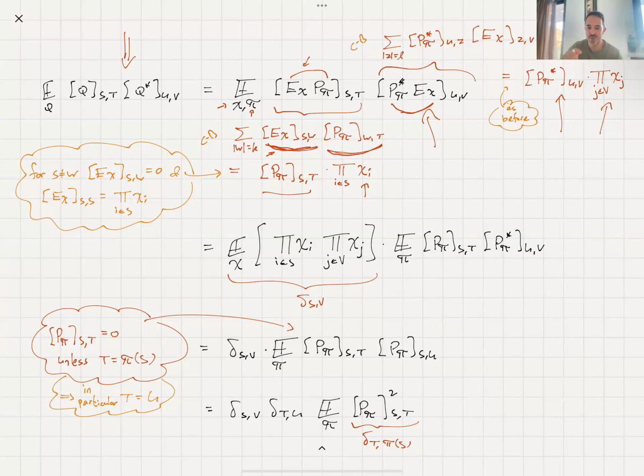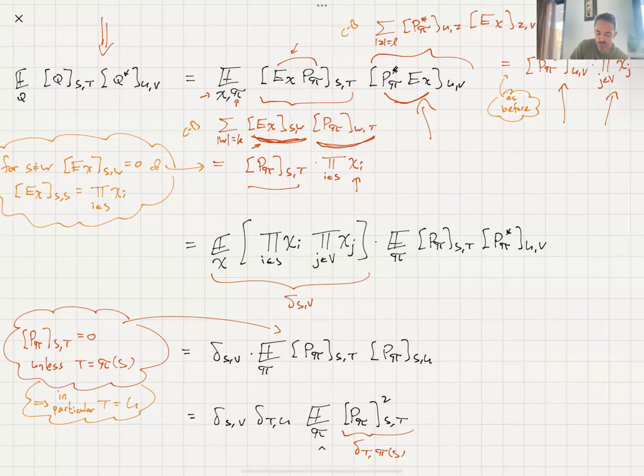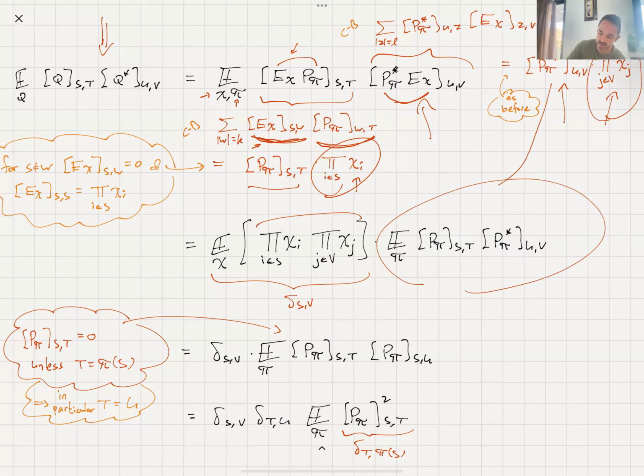The expectation according to chi is this product, the one coming from here and the one coming from here. And the expectation over pi takes what's left, so this thing and that thing.